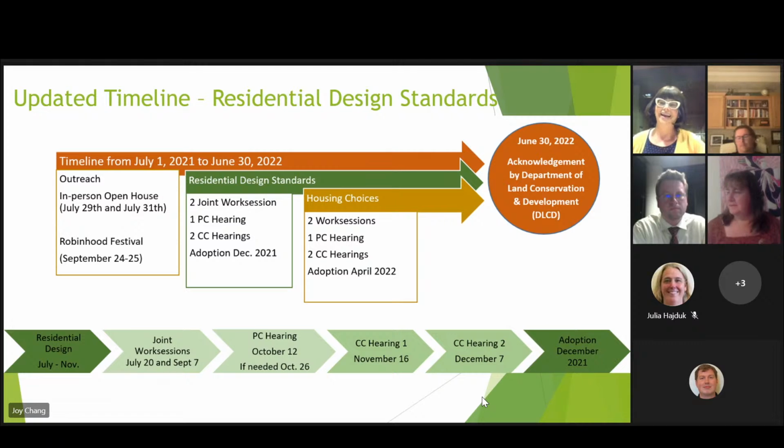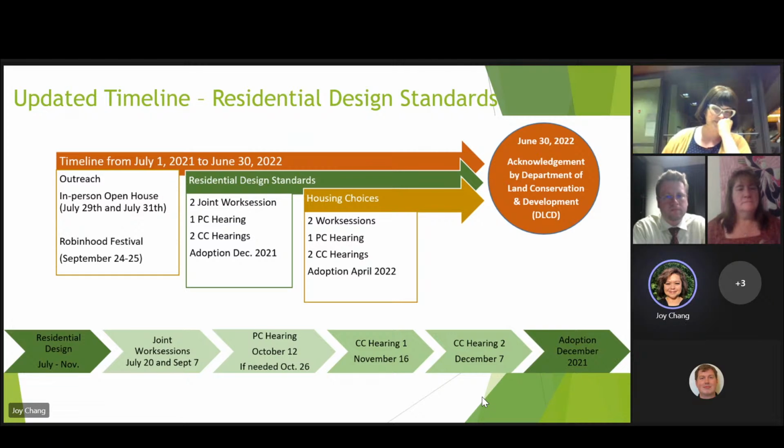Anyway, the timeline is in front of you. Like stated before, there's another joint work session with City Council scheduled for September 7th.